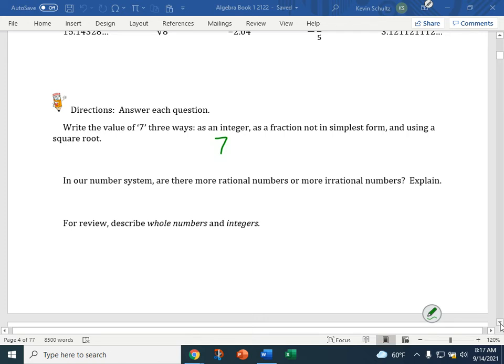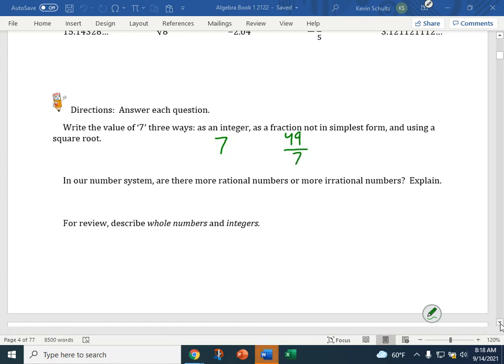The next one, a fraction not in simplest form. What's an example of a fraction not in simplest form that has a value of 7? Jack? Other way around, right? 7/49ths would simplify to be 1/7, but 49 sevenths, why is that a value of 7?